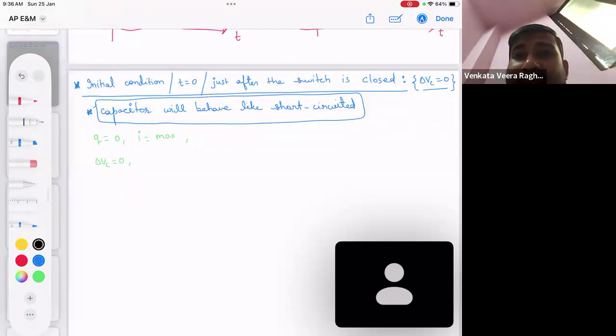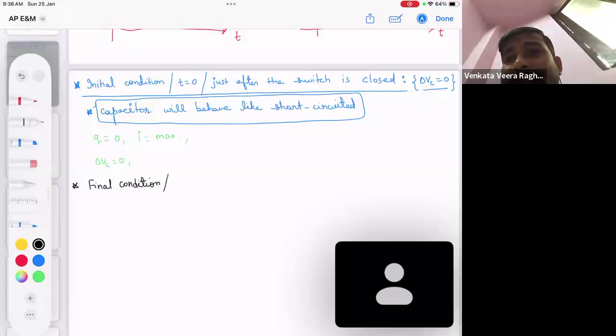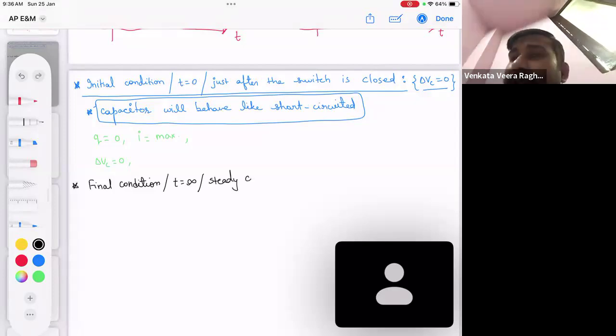The second condition is the final condition. In the example they will write it as the t equal to infinity condition, or steady state condition. There are many names for that.